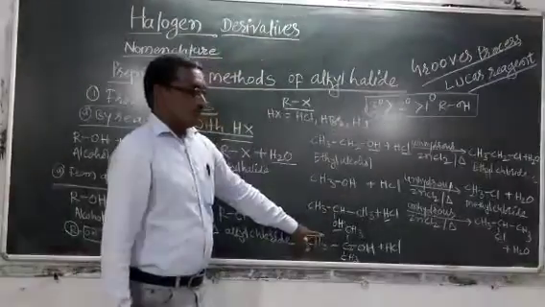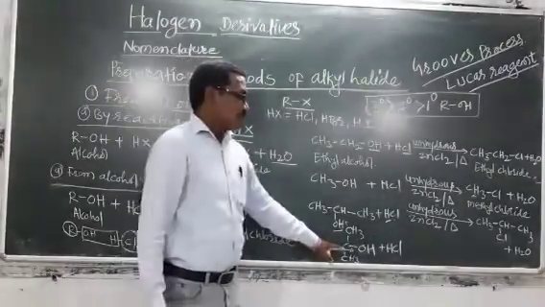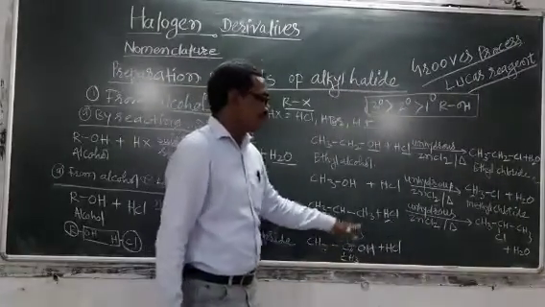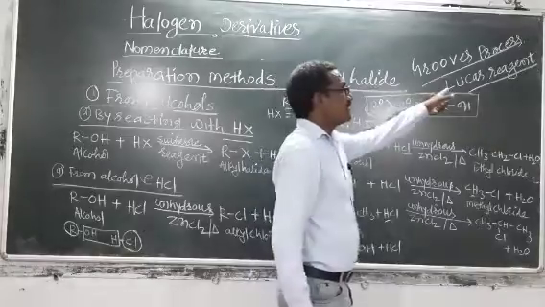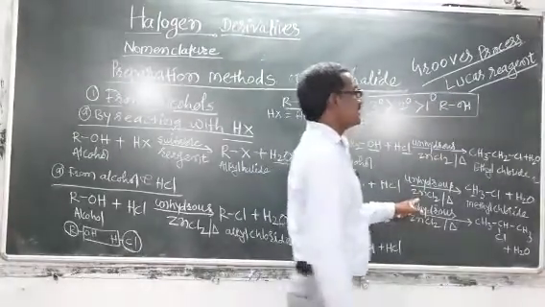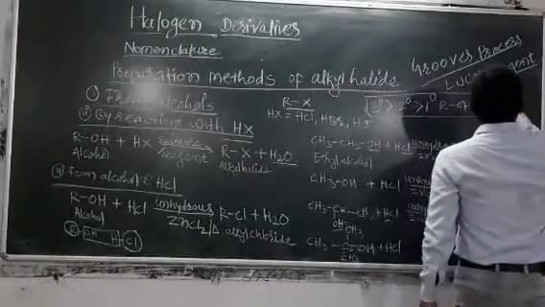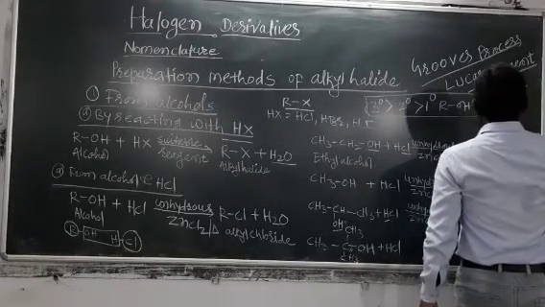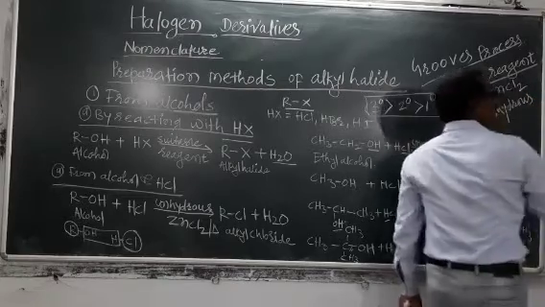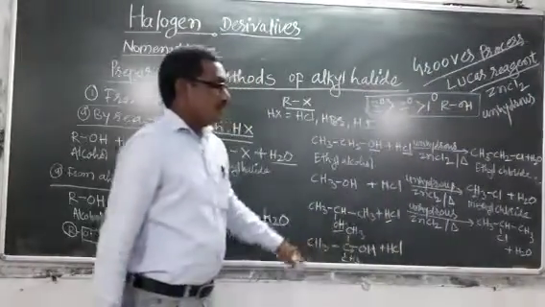When we prepare alkyl chloride from a tertiary alcohol, here we don't require this Lucas reagent. Means here we don't require anhydrous ZnCl2. Why is it so?